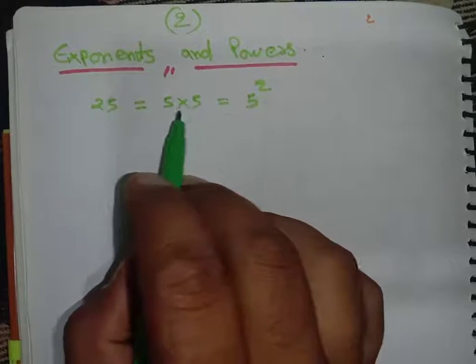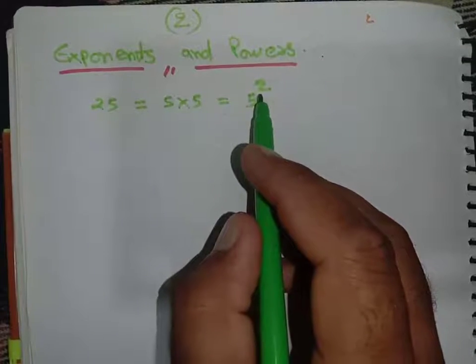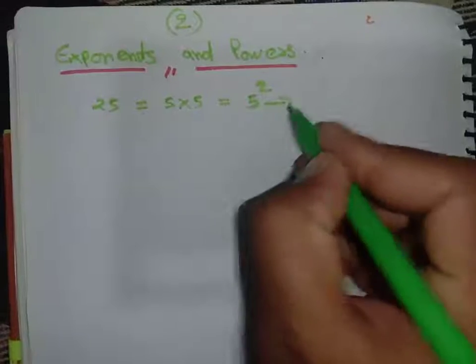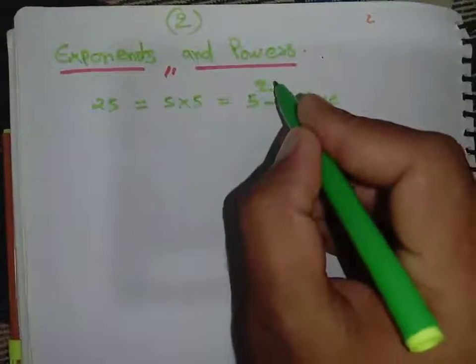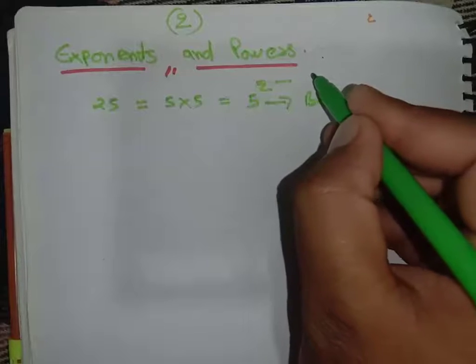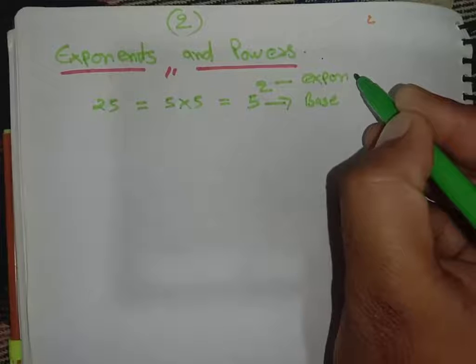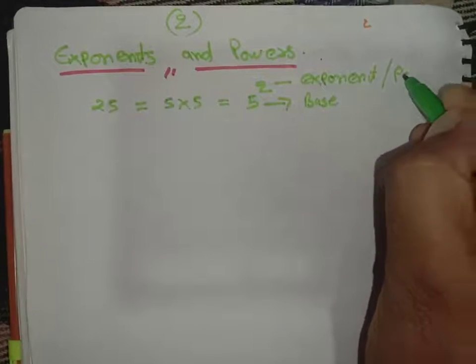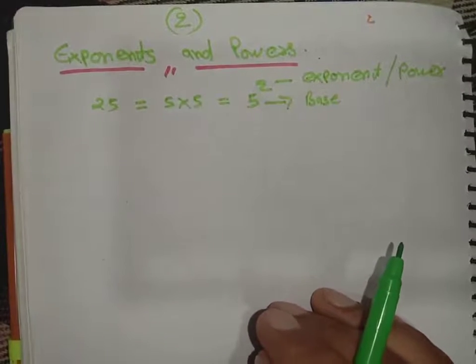Then 5 is the base and 2 is the exponent. Exponent and power are two names for the same thing.